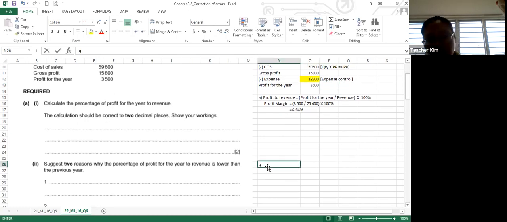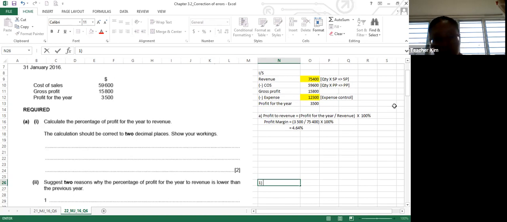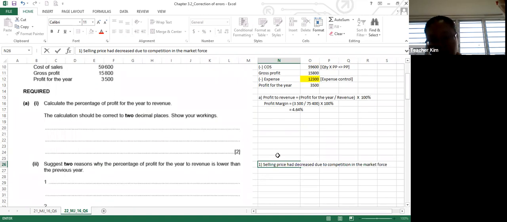So number 1, if they say it is lower than the previous year, we talk about the selling price first. The selling price has decreased due to competition in the market, forcing David to reduce the selling price.